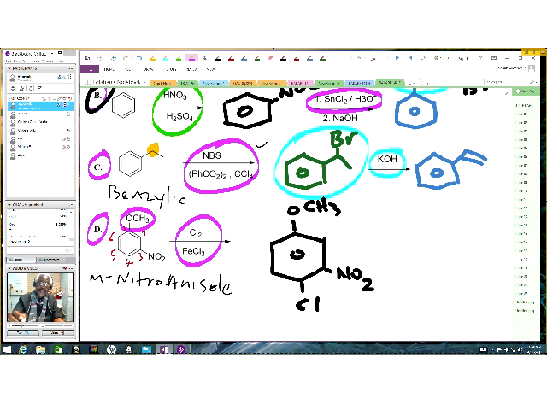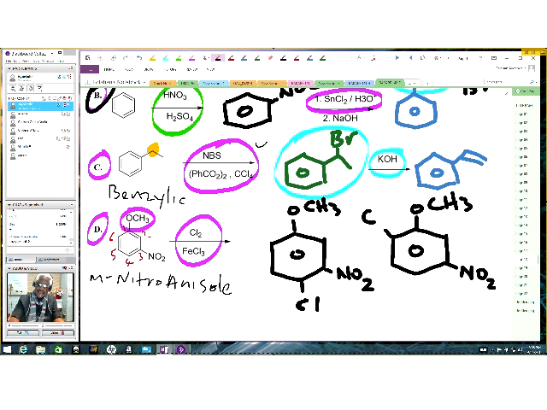The para position is position number 4, and the ortho position, in this case, it does have 2 ortho positions, but because one of them is sterically hindered, it will go to this right here.